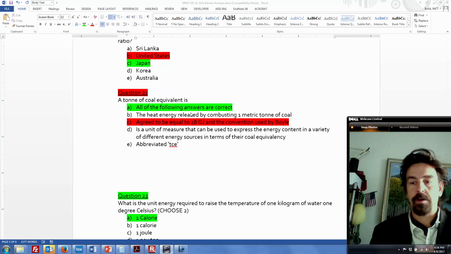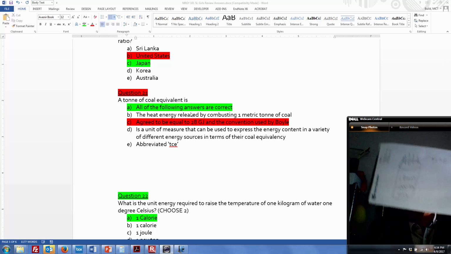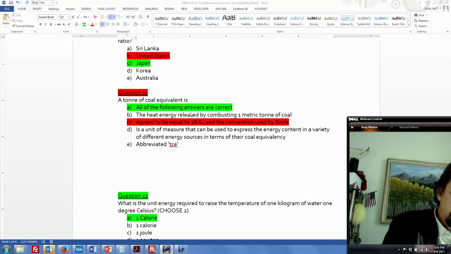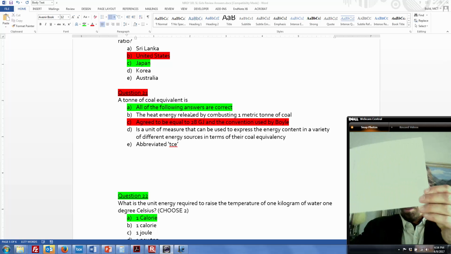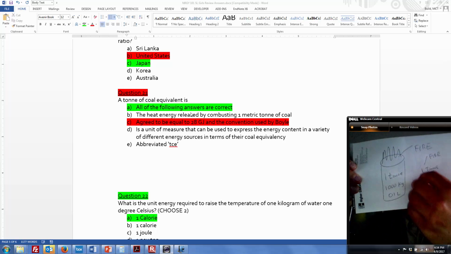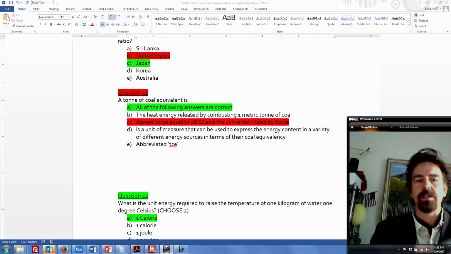Instead of coal, we could have one ton of big black coal, and if we set it on fire, that's how much energy is in that coal.